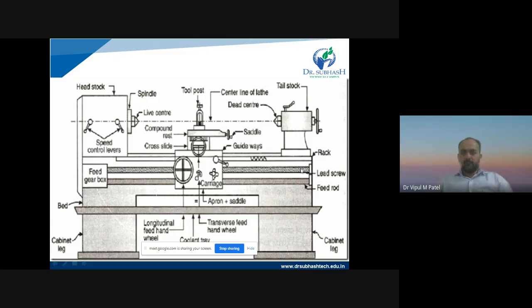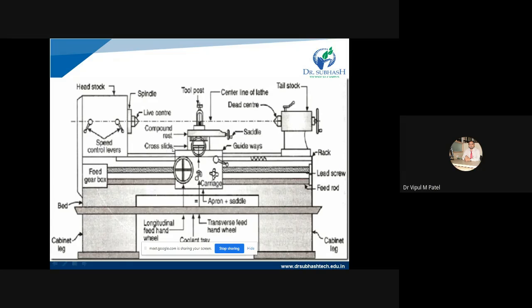If you want to perform a thread cutting operation, or threading operation, if you want to make a thread, or nut and bolt, then we are using this lead screw assembly, right? This one is a feed rod, which is also connected with the feed gearbox, right? This one is a compound rest, and this one is a cross slide.